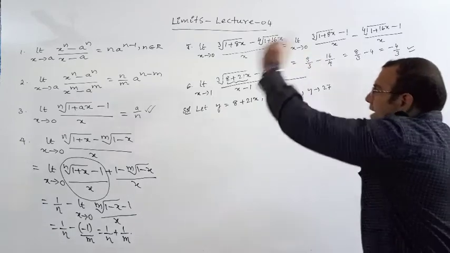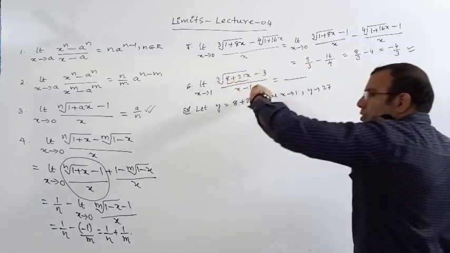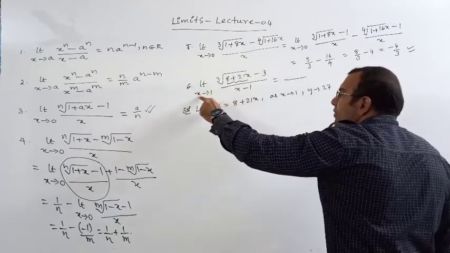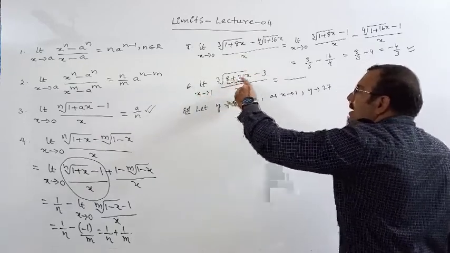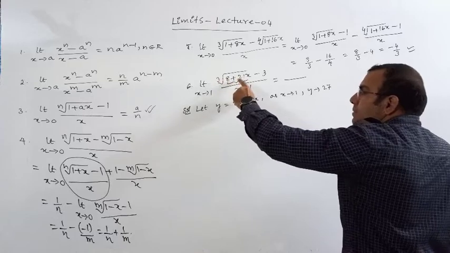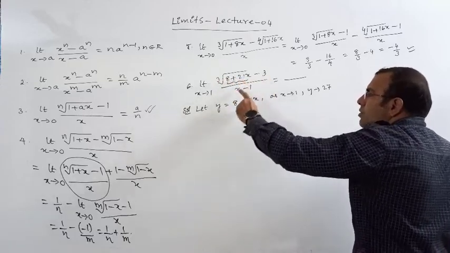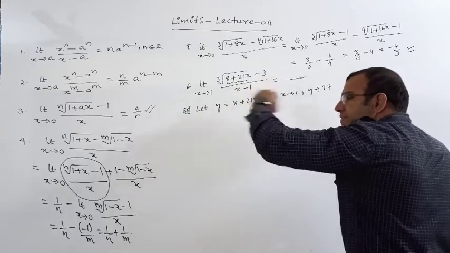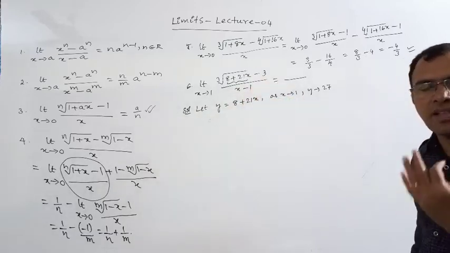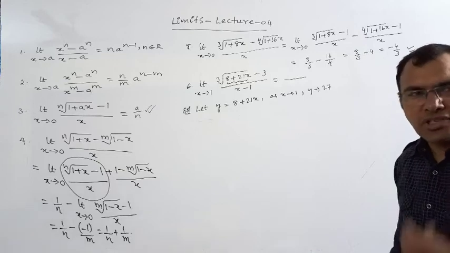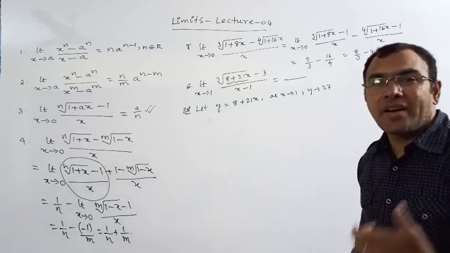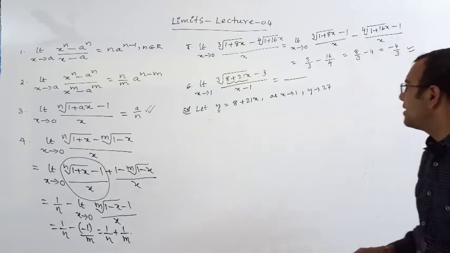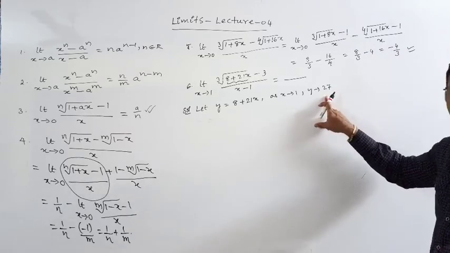Remember, every limit you will get either 0 by 0 or infinity by infinity. If you put x equal to 1 here, cube root of 27 is nothing but 3, and 3 minus 3 is 0. And you put x is 1 here, you will get 0. So every time you will come across limits of the type either 0 by 0 or infinity by infinity. Alright, so y tends to 27.